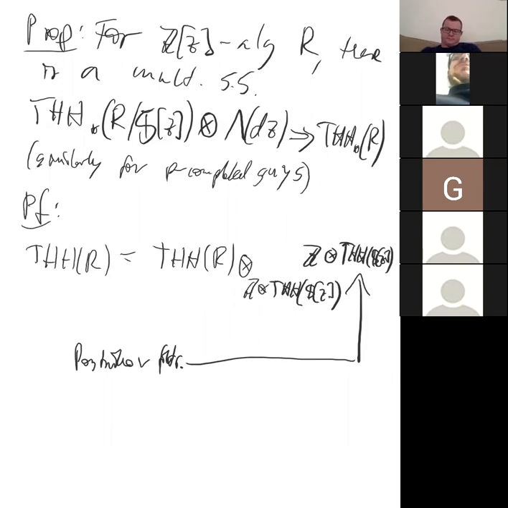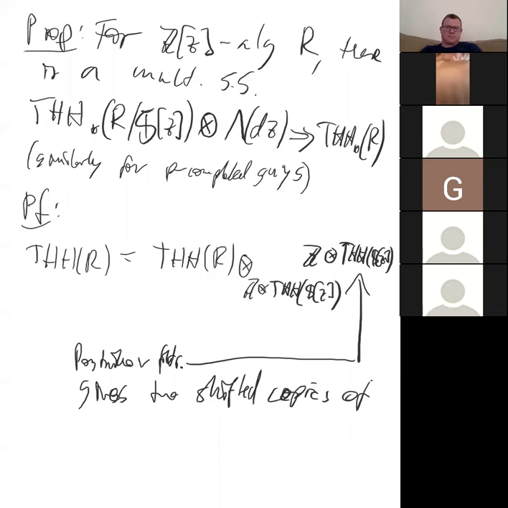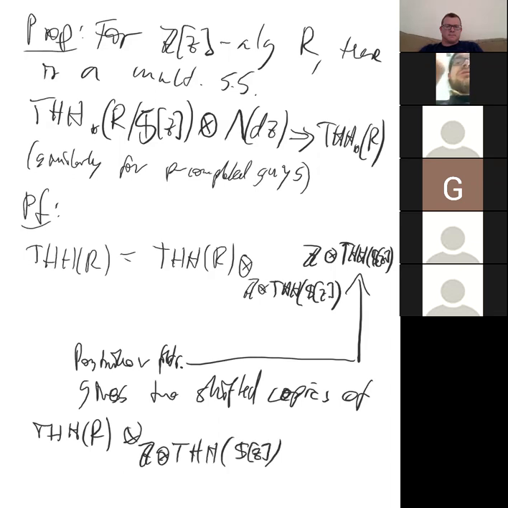So since this has two homotopy groups, the associated graded of the tower you get just has two copies of THH R base changed to Z adjoint Z. So if I write that as before, I can write it like this.